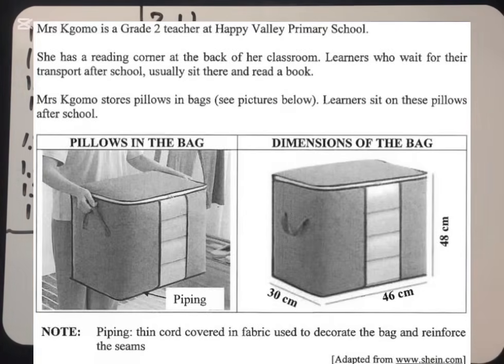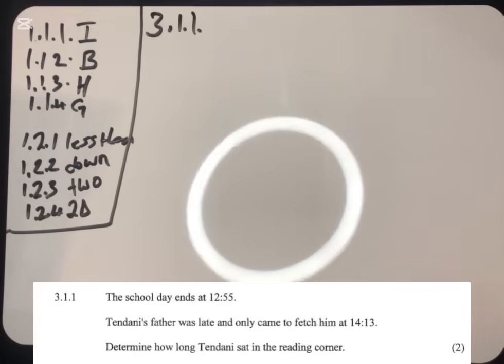So now the first question says, the school ends at 12:55. Tendai's father was late and only came to fetch him at 14:13. Determine how long Tendai sat in the reading corner.